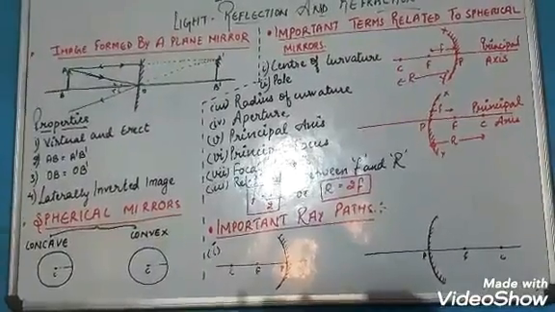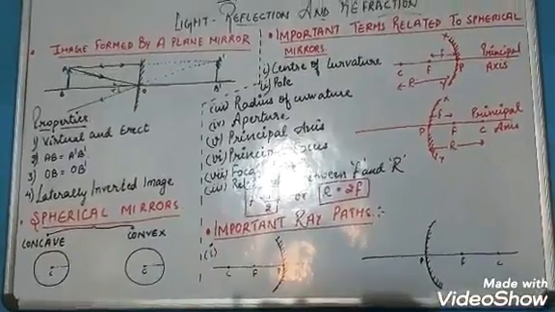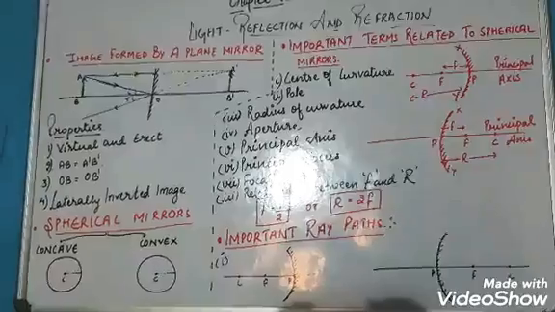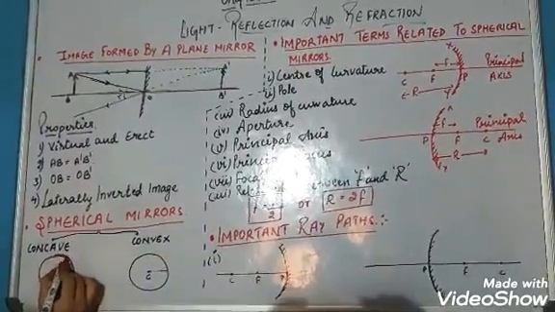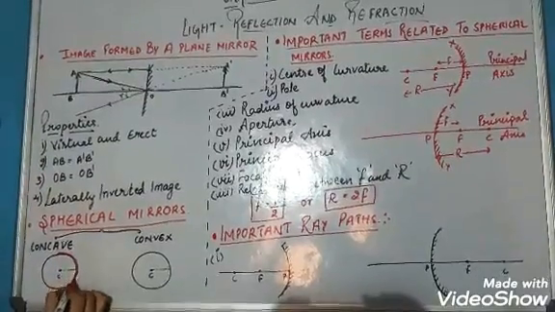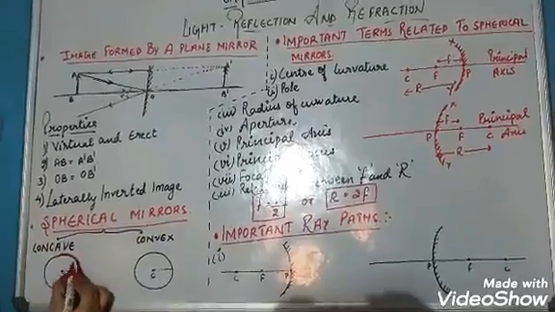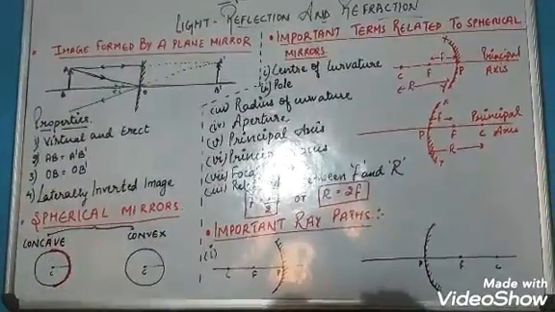A hollow sphere can be polished from inside or from outside. If it is polished from outside, that kind of hollow sphere will give you a concave mirror, because its outer side is polished and its inner side is the reflecting one.